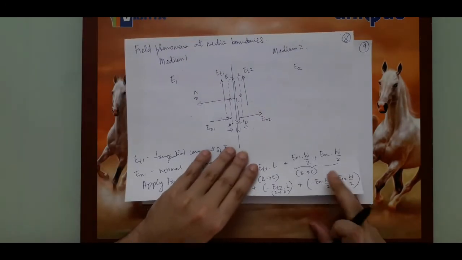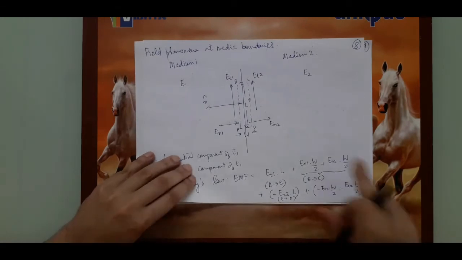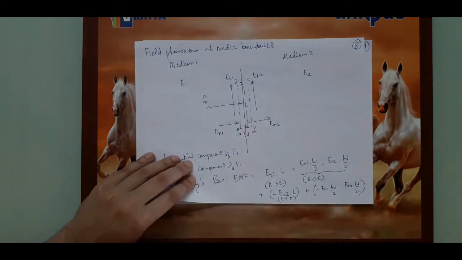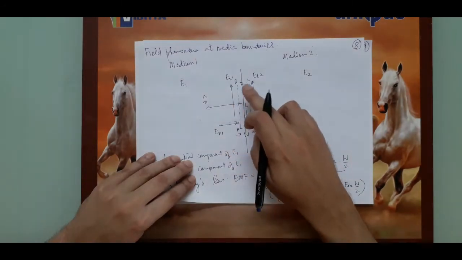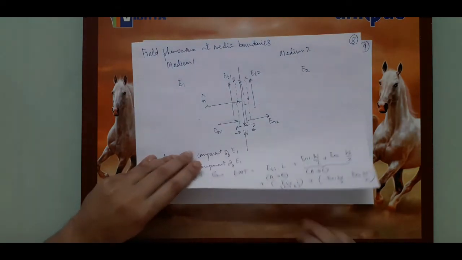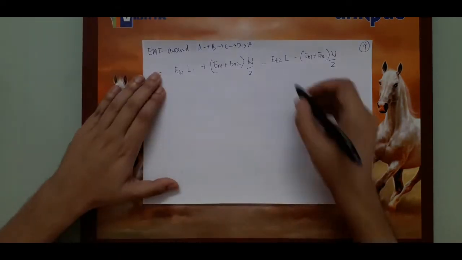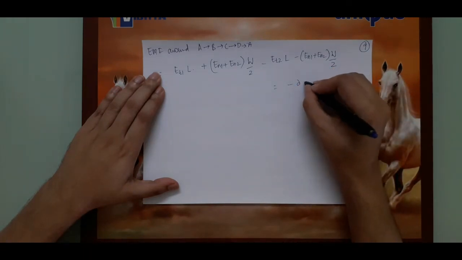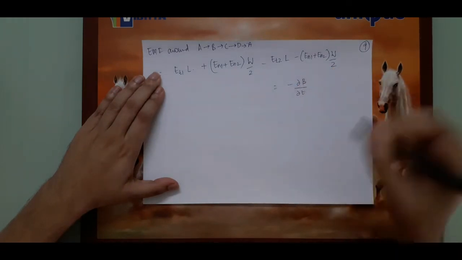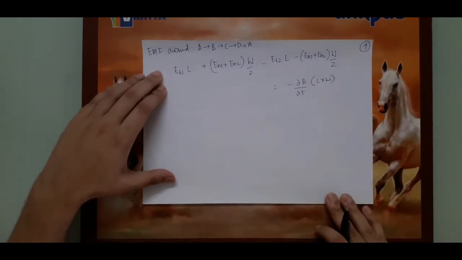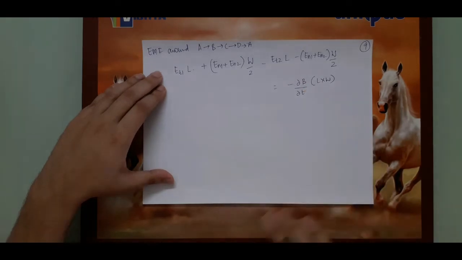Now, as per Faraday's law, the net electromotive force around this loop must be nothing but the rate of change of total magnetic flux inside this area. So therefore, this will be equal to minus dB by dt times the area, which is L times W. So what is B?